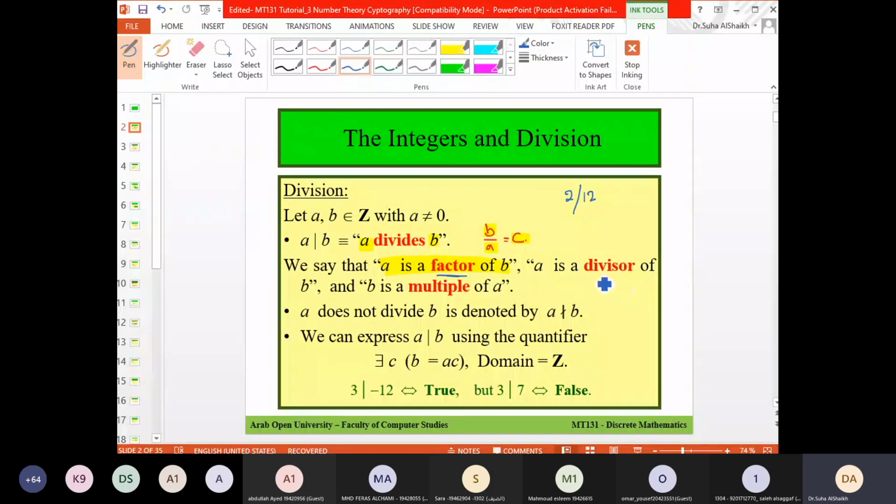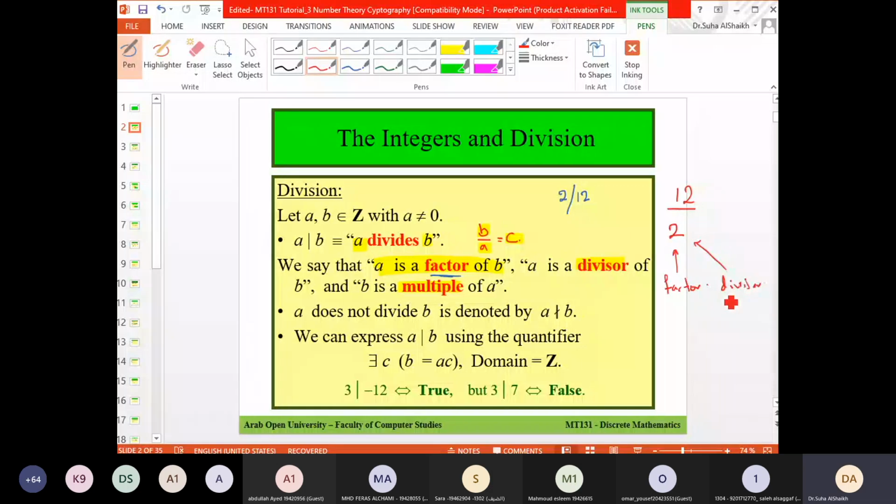Also we say that A is a divisor. We call it either a factor or a divisor. And B is a multiple of A. We can imagine all of this with 12 and 2. The 2 is a factor of 12. The 2 is a divisor of 12.